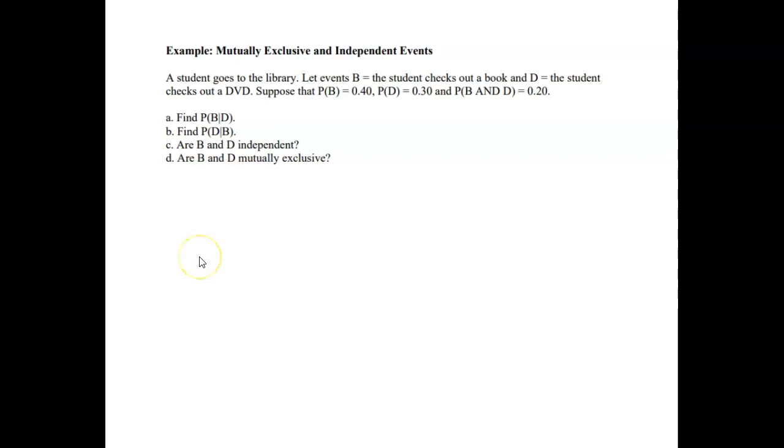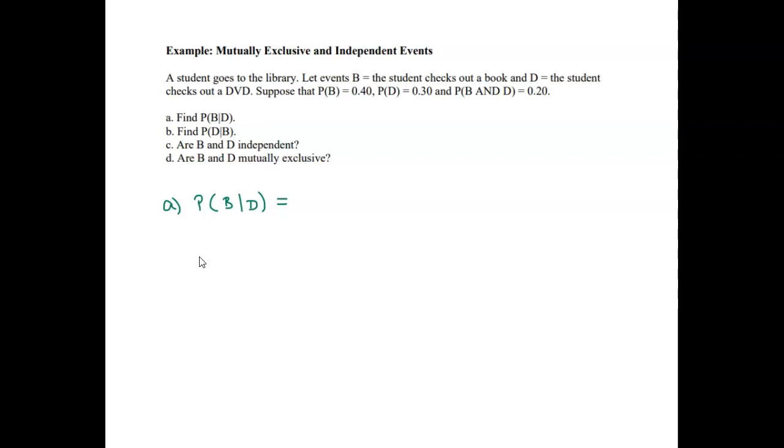All right. So we're going to find these probabilities. Part A says find the probability of B given that D happened. Right. So because I don't have sample spaces or a contingency table here, we want to use a formula.